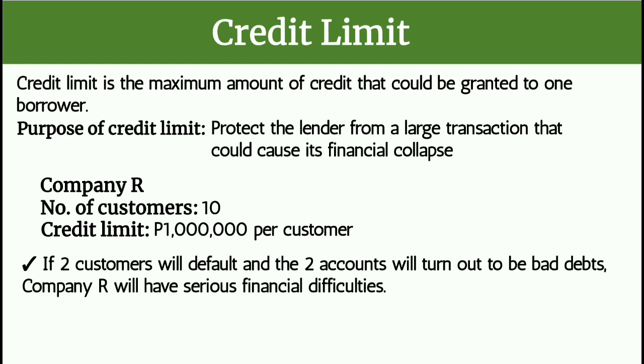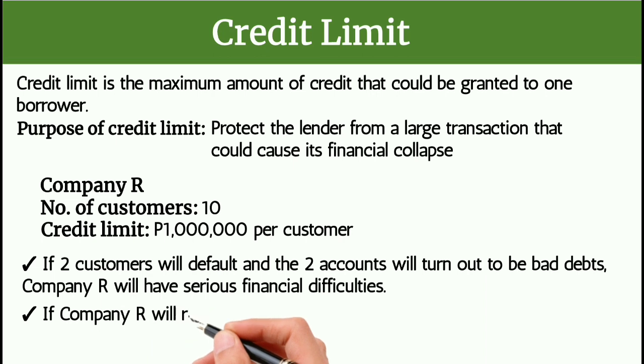Ang total receivables kasi ni Company R ay 10 million pesos. 2 million pesos ang hindi nabayaran. So that is equal to 20%. 20% ng total receivables ni Company R ang hindi nabayaran. That would cause cash flow problems.